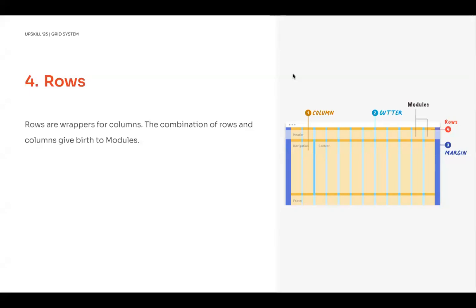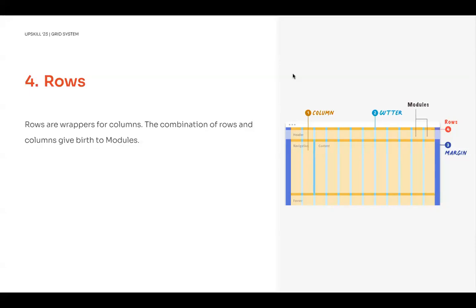For rows, it's not very important for you to add them when you're setting up your grid, but it's also advised that you do, because when you combine the rows and the columns, just like you have there, this space in the middle is called the module. Let's use the product cards for an e-commerce site, for instance.